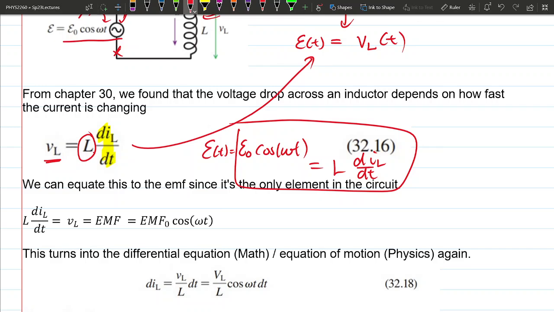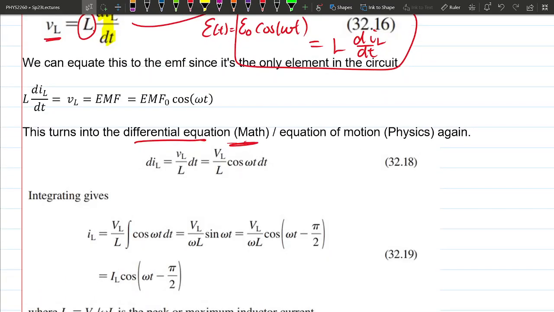This turns into something called a differential equation. Those of you who have had differential equations can solve this pretty easily, but I'm just going to show you how to do it. You don't have to do it yourself. It involves just some integrals.